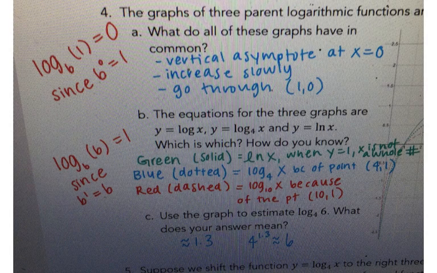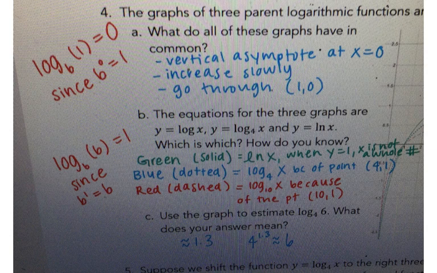And a couple more things that they wanted me to add over here in the red to go with that. Log base b of 1 equaling 0. What they're saying is it doesn't matter what the base is. If I took that base and raised it to the 0 power, I should get 1.